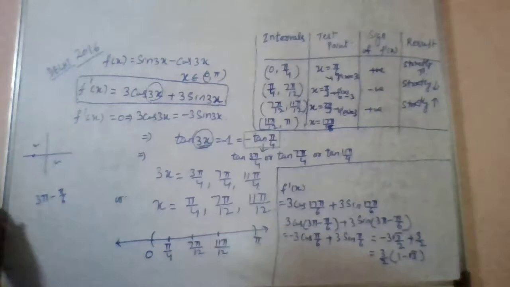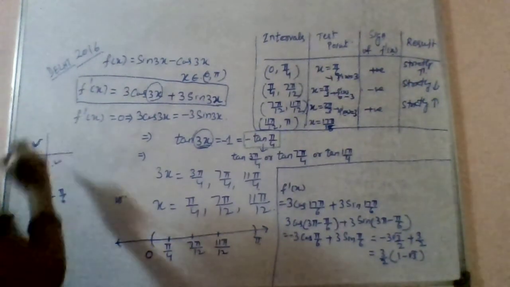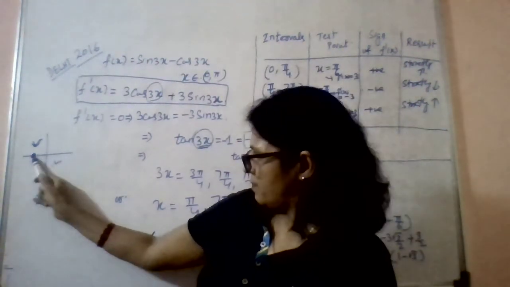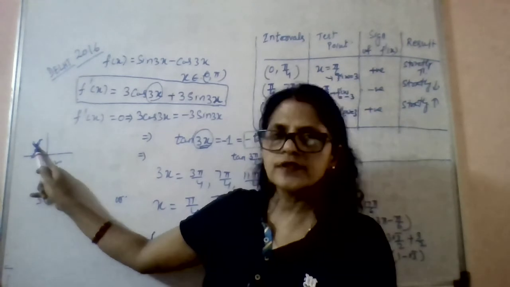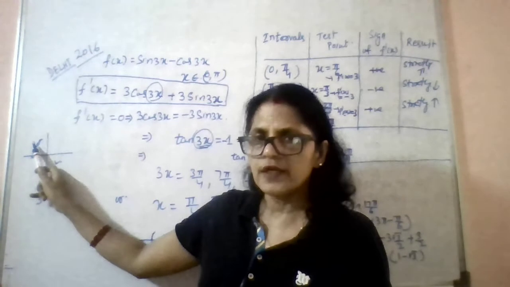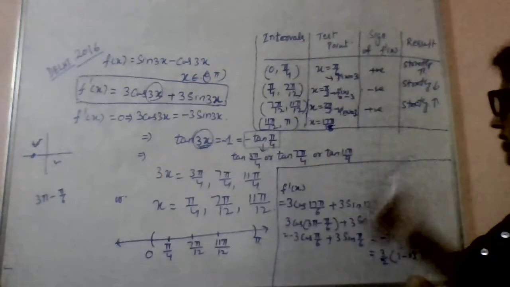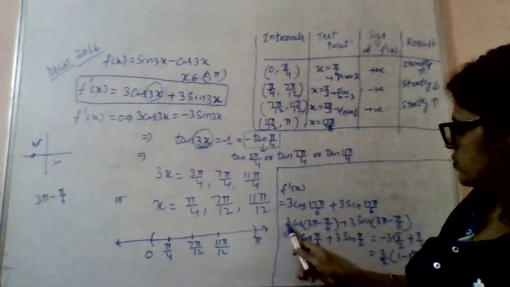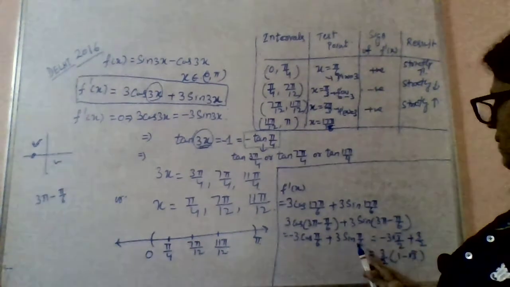As you know, 3 pi means you are here, so 0, pi, 2 pi, 3 pi. 3 pi minus theta means it is in the second quadrant. Now in the second quadrant, cosine is negative, sine is positive. Right? So when you write cos of 3 pi minus pi by 6, it is minus cos pi by 6. So it means minus 3 into cos pi by 6 plus 3 sin pi by 6.